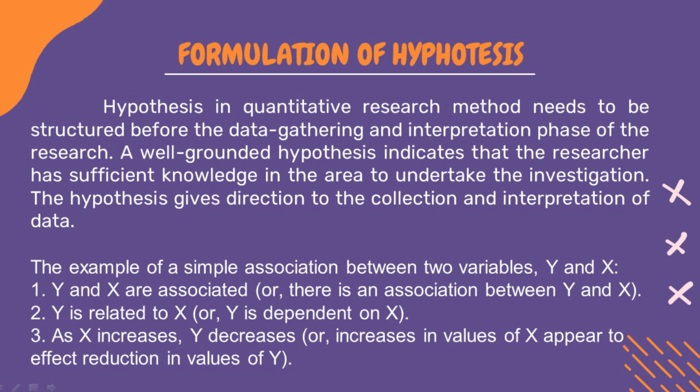The third hypothesis is the most specific of the three. Not only does it say that y and x are related and that y is dependent on x for its value, but it also reveals something more about the nature of the association between the two variables.